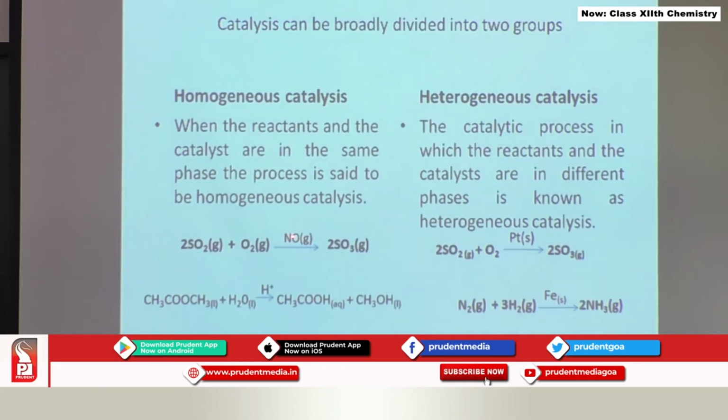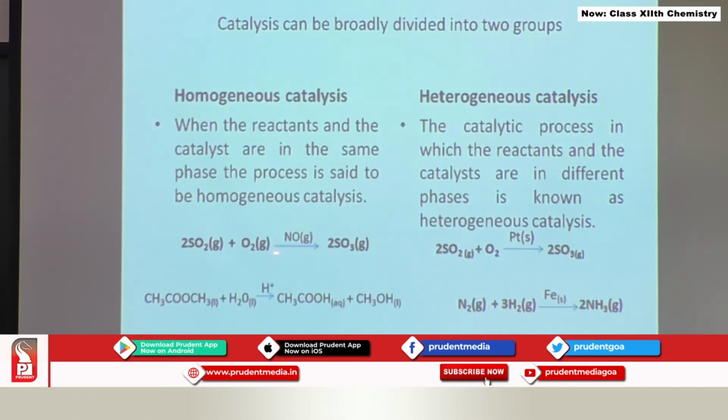Catalyst is also in the gaseous phase. So, this is homogeneous catalysis. In the second example, both are in the liquid state, methyl acetate as well as water, and here even the catalyst H plus ion is in liquid phase. Catalyst and reactants are in the same phase and therefore, both these reactions are examples of homogeneous catalysis.